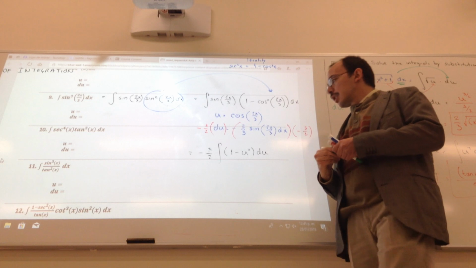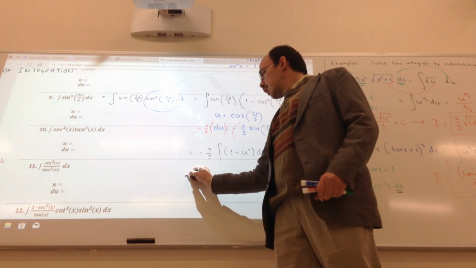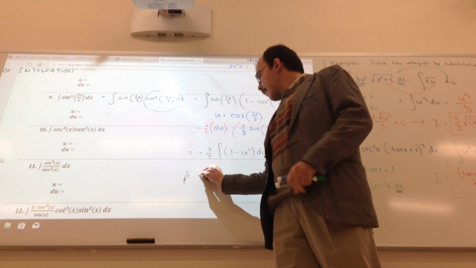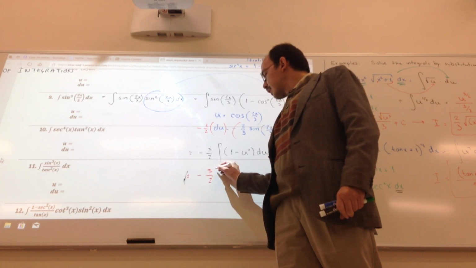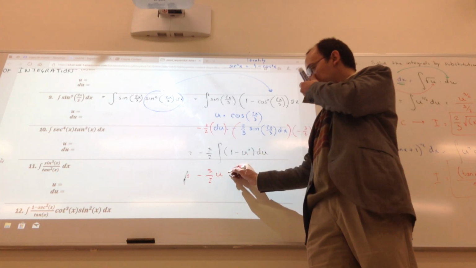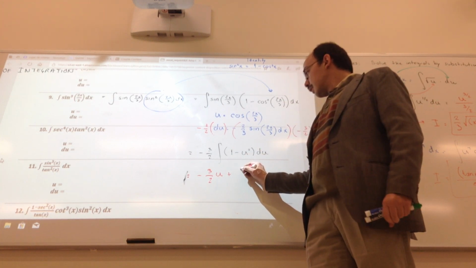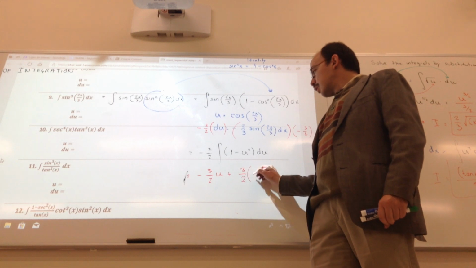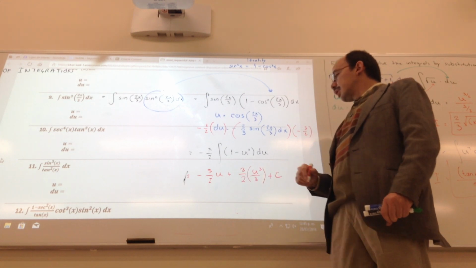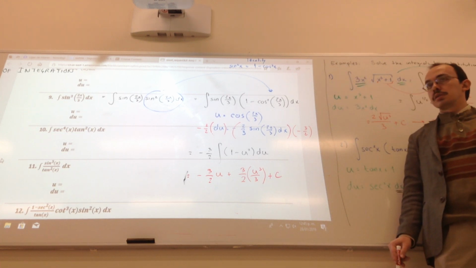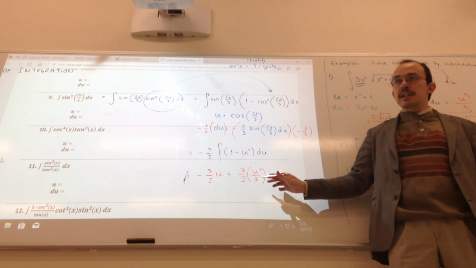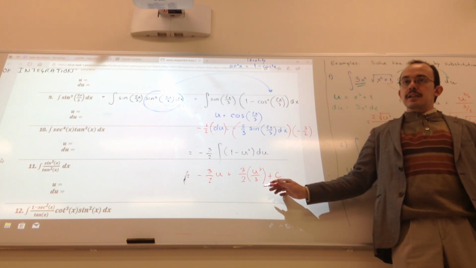Now I need to solve it. It's going to be the solution of this: minus 3/2 times u plus 3/2 times u to the cube over 3, plus the coefficient times the integral.